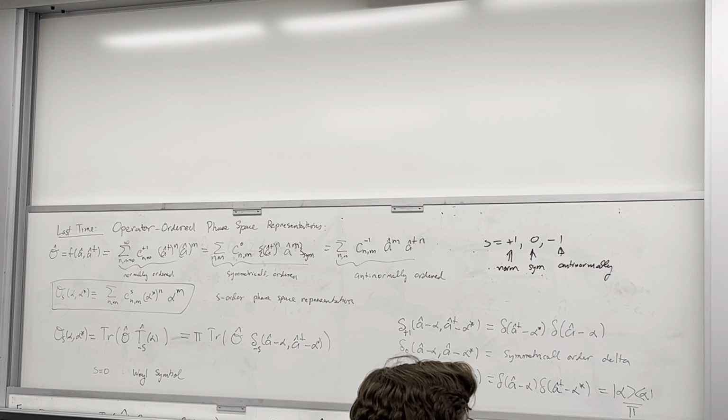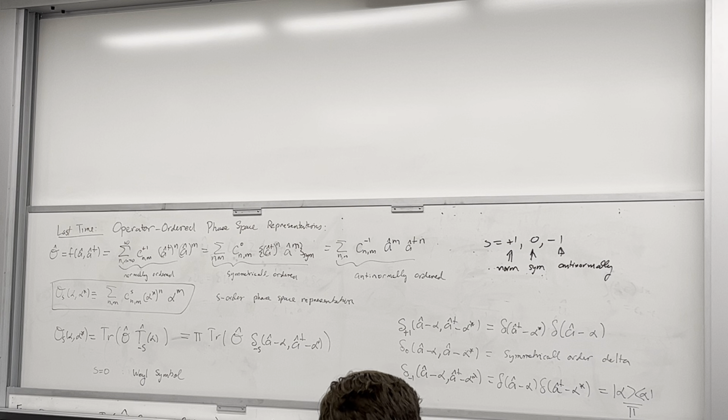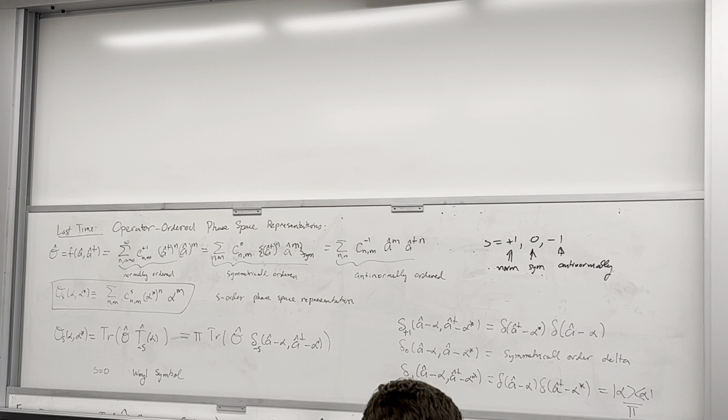So for the Wigner function, we define this guy as the Fourier transform of the Wigner function in the 2D phase space, which is equal to 1 over pi, the trace of rho with the displacement operator. This is the case, I can call this for the symmetric order, S equals 0, right?